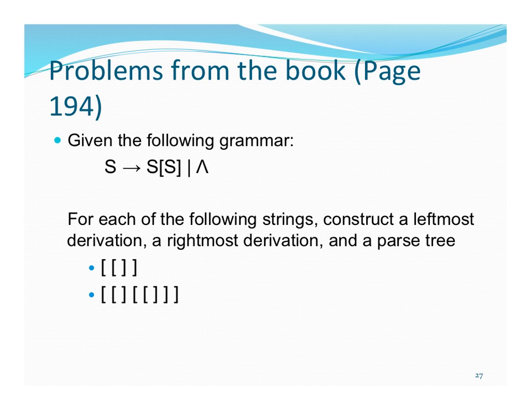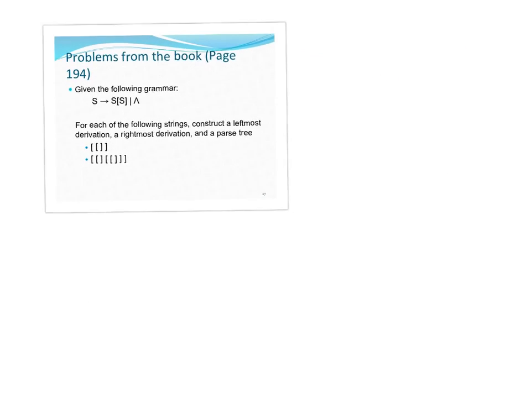Okay, so let's do this first one first. Let me shrink that up there a little bit. So I want to do a leftmost derivation for this. All right, so leftmost derivation.